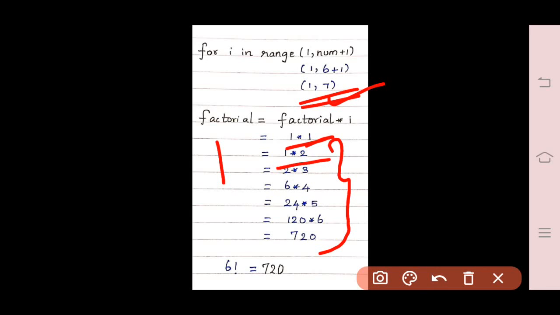In the next step you will have 6 into 4, which is 24. Then 24 into 5 is 120. Then 120 into 6. Finally you will get 720 because we have to stop at 6. The range is 1 comma 7, so we have to stop at 6. So the factorial of 6 is 720.